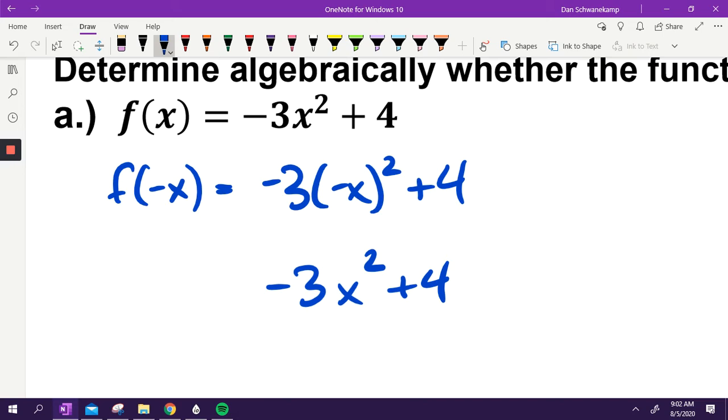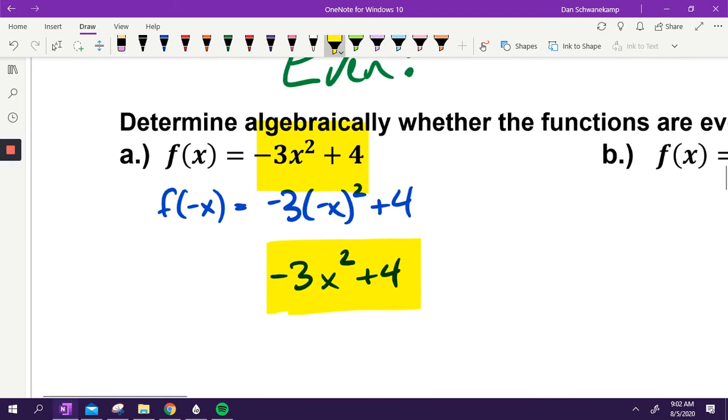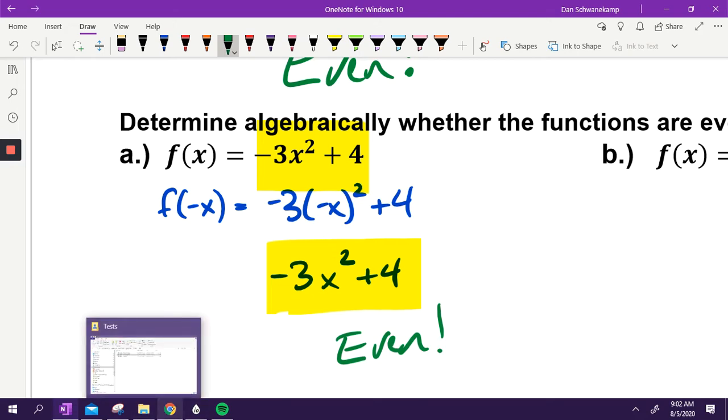That's the only simplifying I can do. I took the negative x, I squared it. Is this thing right here, this is f of negative x, the same thing as f of x? Yeah, it's the same. That is an even function. Because when I plugged in a negative x, it was the same, it's even.